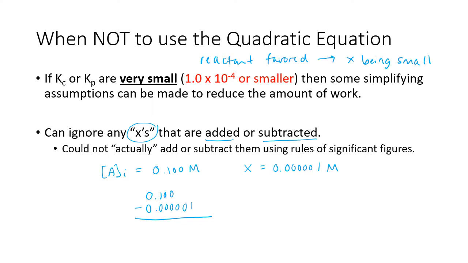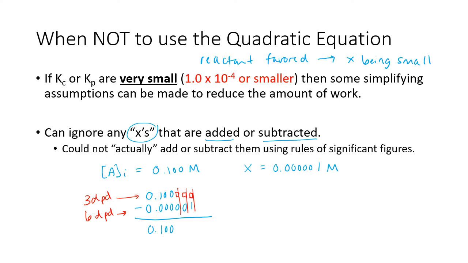So in our first number, there are 3 digits past the decimal. And in our second one, we have 1, 2, 3, 4, 5, 6 digits past the decimal. So in reality, we didn't know what these numbers were right here, so we didn't ever assume they were 0. We couldn't really end up subtracting them from here. So when we did that subtraction, we would still end up with 0.001 molar as our final equilibrium concentration.